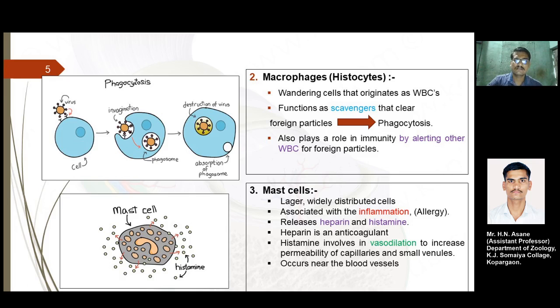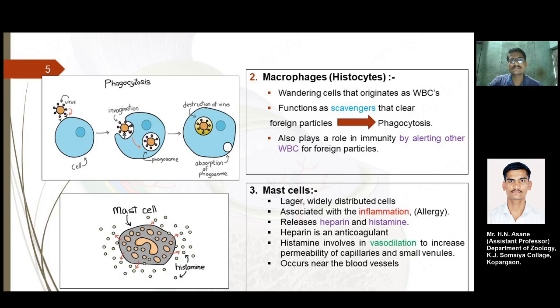histiocytes. What do we mean by histiocytes? Histiocytes means they have their origin in the bloodstream itself. That's why they are known as histiocytes. These macrophages are wandering cells that originate as WBCs, meaning white blood cells.